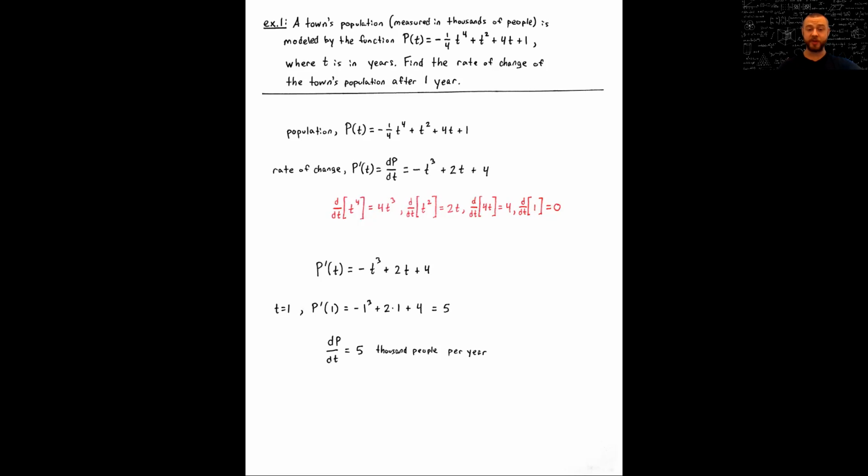Time is in units of years. The output value, 5, that we get, the units for that would be 5,000 people per year. Or in other words, the population is changing at that time, 1 year, at a rate of 5,000 people per year.